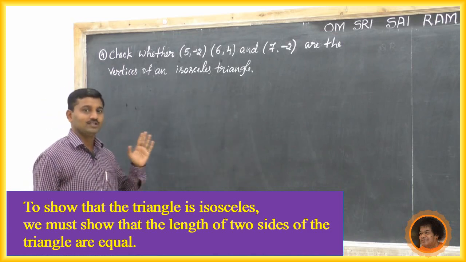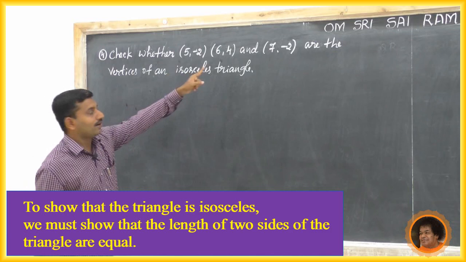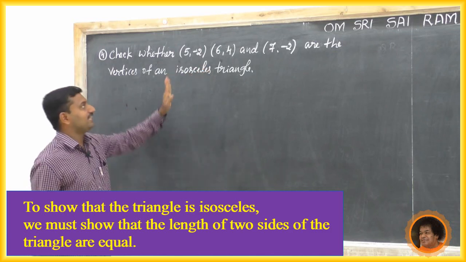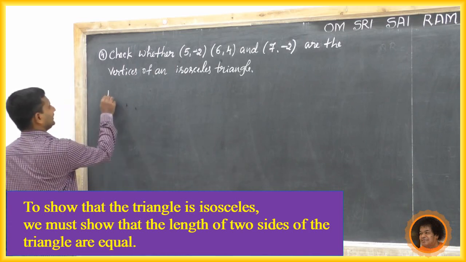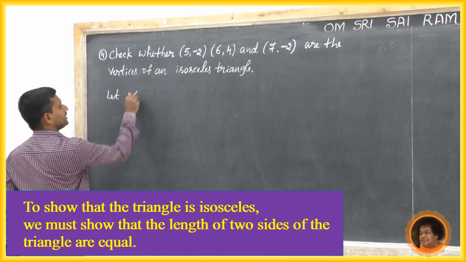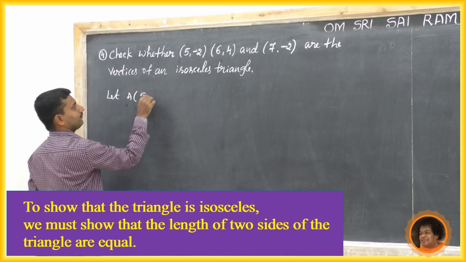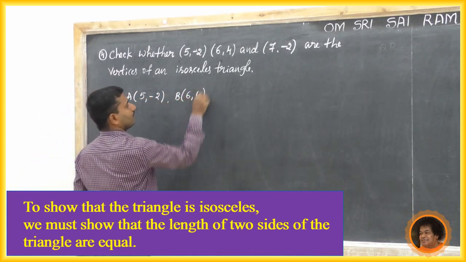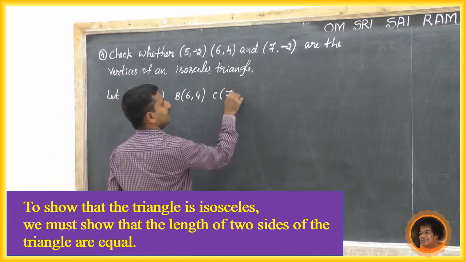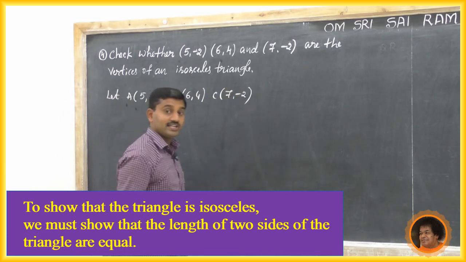So we have to prove in these points that two sides are equal, then it is an isosceles triangle. So let the coordinates of the point A be 5, minus 2, B 6, 4 and C 7, minus 2, which are the vertices of the triangle.